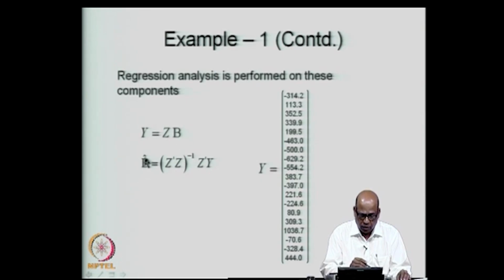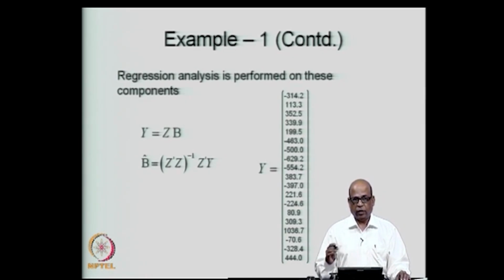So, we write b cap equals (Z dash Z) inverse Z dash y, much the same way as we did for our multiple linear regression with the original variables, except that we are now using the transformed data.